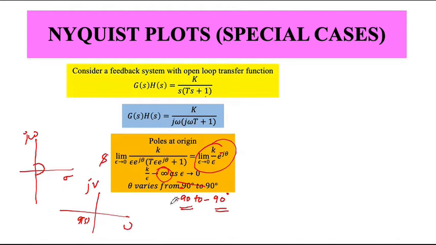So if I plot it, I get an arc like this, of infinite radius, travelling from positive 90 to minus 90.